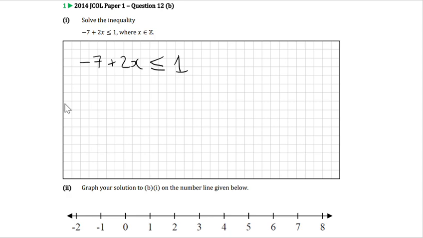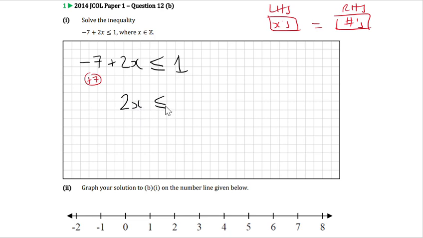So we just continue on the same way as we would with solving. I'm going to get the x's on the left-hand side and the numbers on the right-hand side. There's a minus 7. I'm not happy where it is, so I'm going to get rid of that minus 7. I'm going to add 7 to the left-hand side. When I do that, I'm left with 2x is less than or equal to.